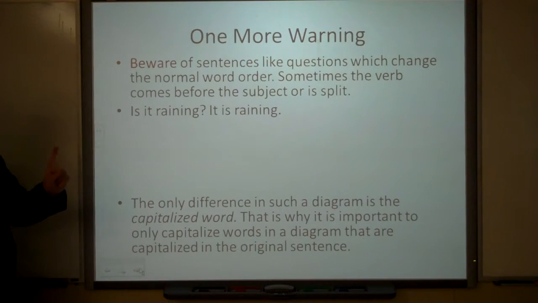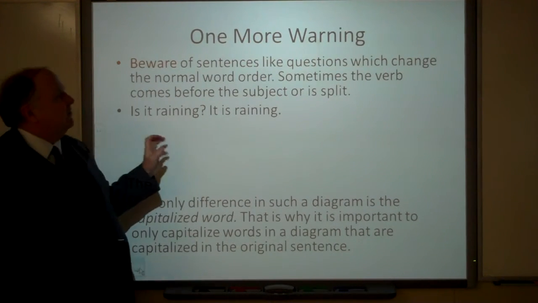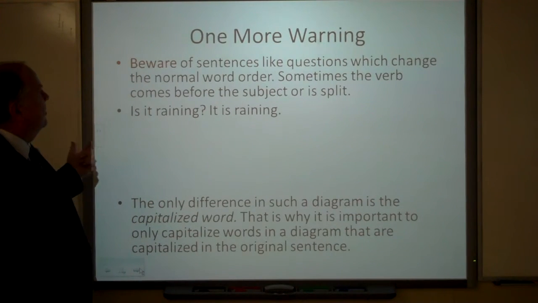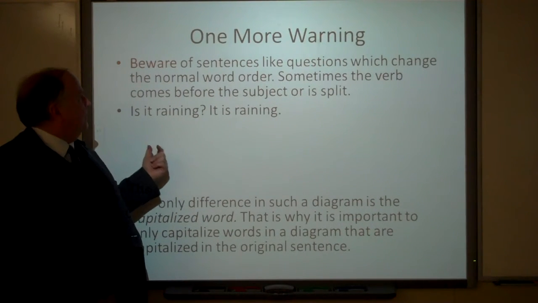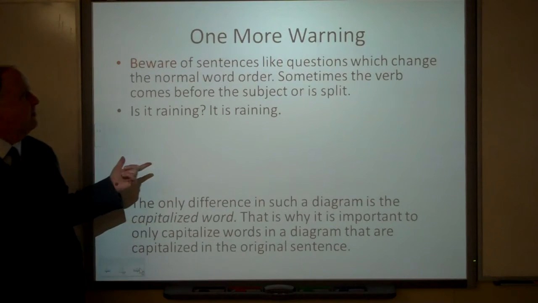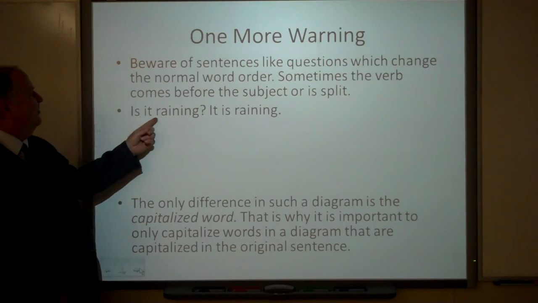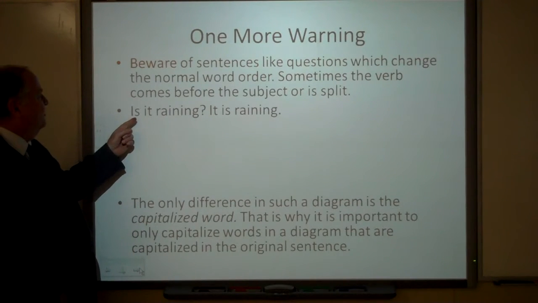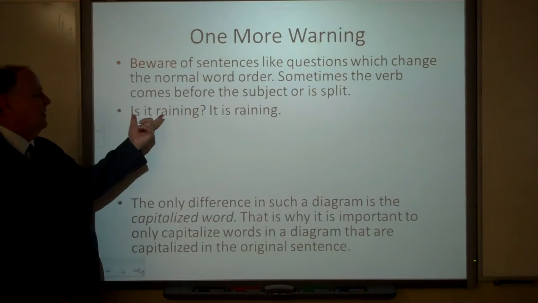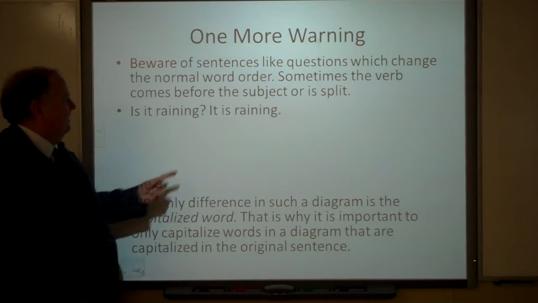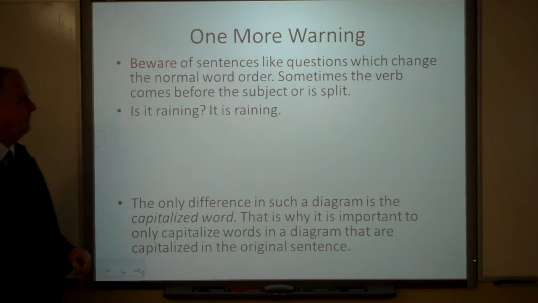Okay, one more warning. Beware of sentences like questions, which change the normal word order. Sometimes the verb comes before the subject or is split. Is it raining? Okay, is comes before the subject, and the whole verb is split. It is raining.